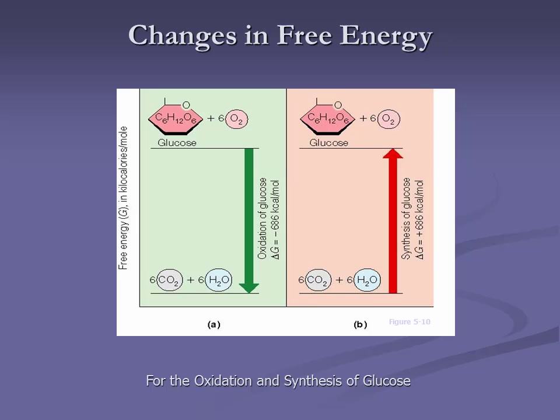Taking the CO2, putting it together, synthesizing and making glucose, going from disorder to order, needing an input of energy from where? The sun, storing the energy in glucose. Our delta G, our change in free energy, is positive 686. Exergonic or endergonic? Endergonic. See, you haven't even studied this and you've already got this down.